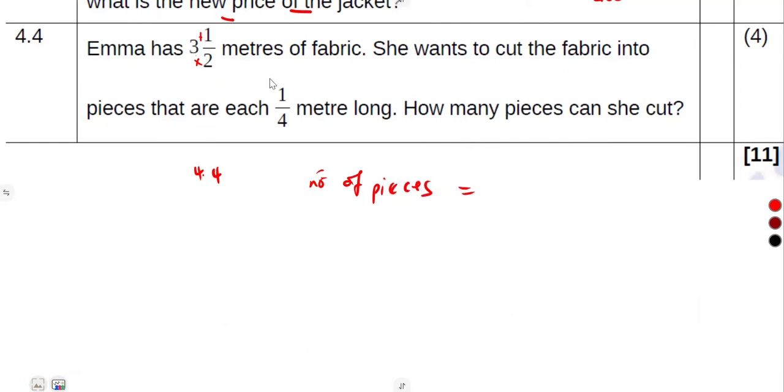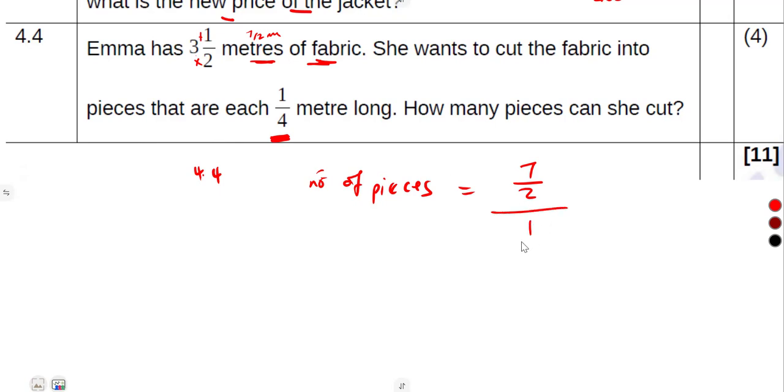So the number of pieces that she's going to have is simply the total number of meters of the fabric. What is the total? 7/2 meters, divided by the length of each piece, which is 1/4 meter each.